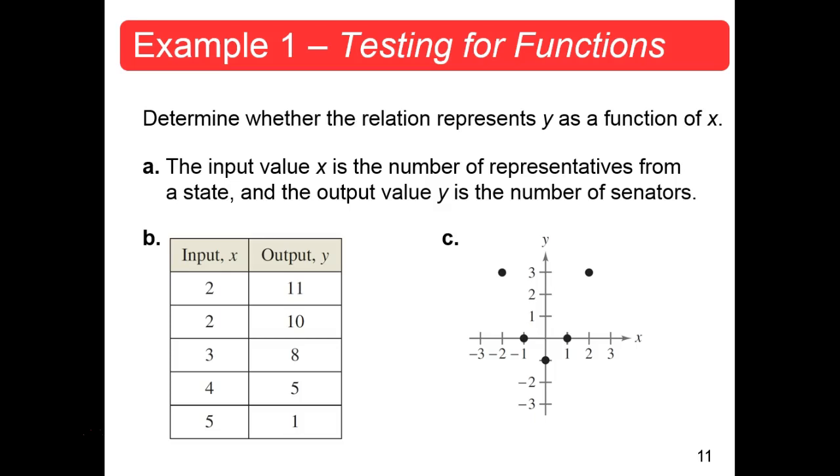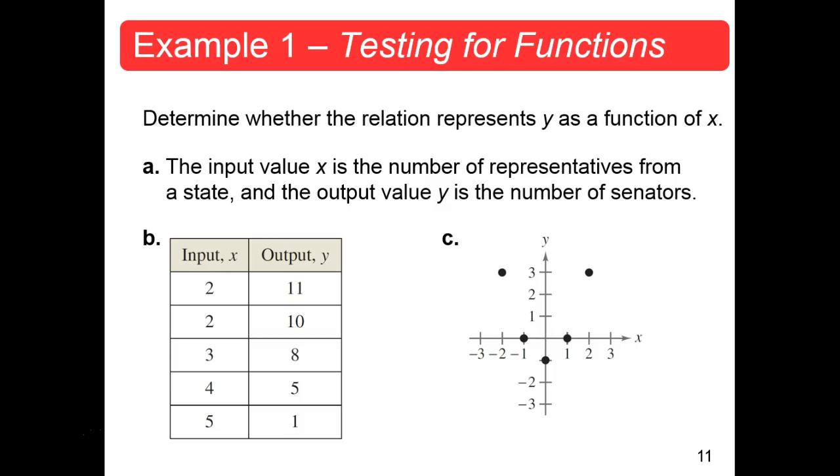Now, what's your range? -1. Actually, it can be anything, but the values we use here are -1, 0, 3. Those are the only values we use. Okay? Now, y'all said it was a function. Why? For any one input, you have only one output. Right? It is a function.